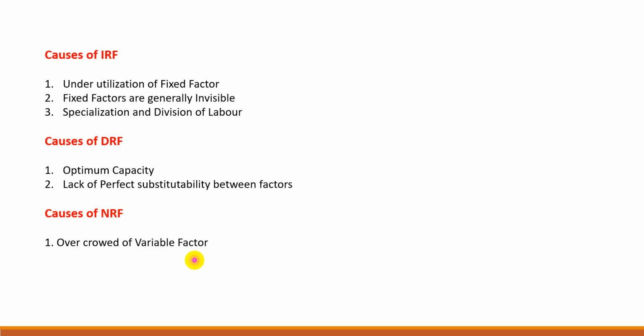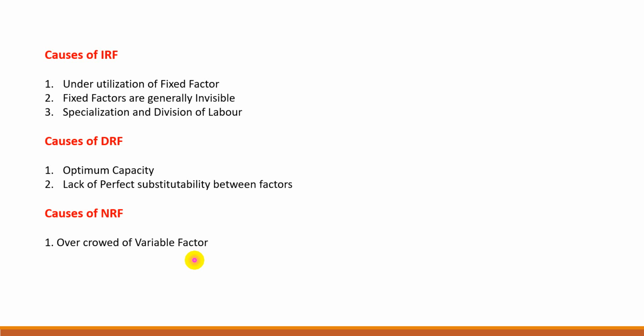We know excess of everything is bad. Exactly, this applies to this situation. The factor proportion becomes increasingly unsuitable for production. There will be lower availability of tools and equipment per worker.